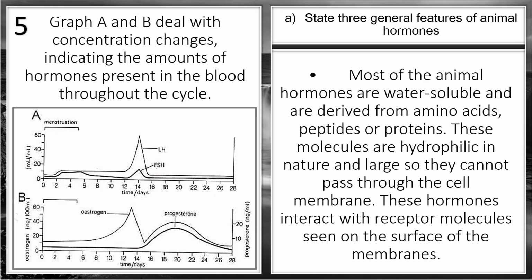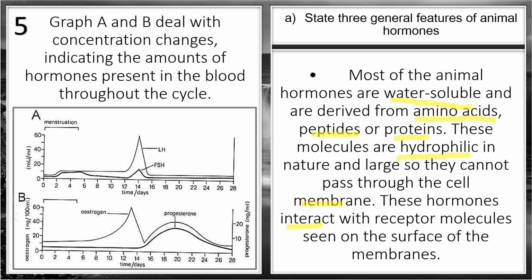Most of the animal hormones are water soluble and derived from amino acids, peptides, or proteins. These molecules are hydrophilic in nature and large, so they cannot pass through the cell membrane.